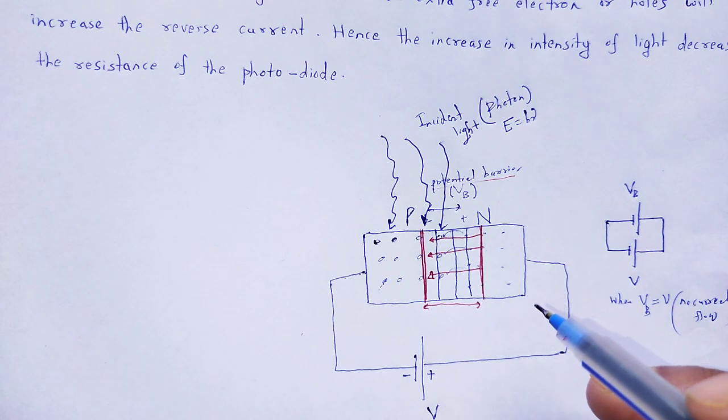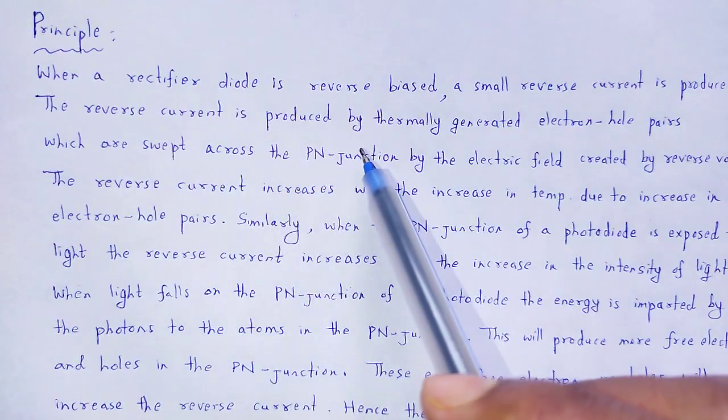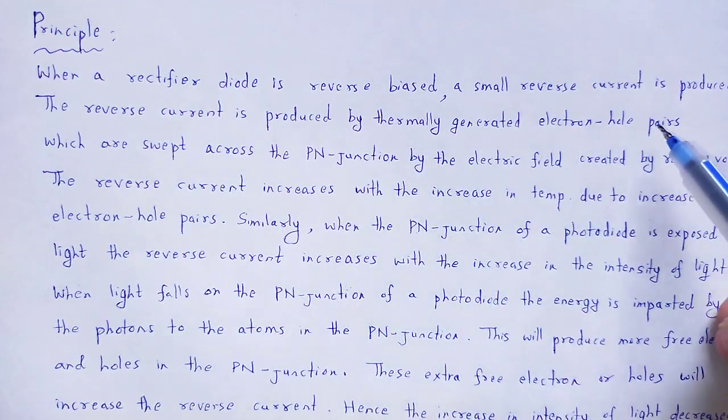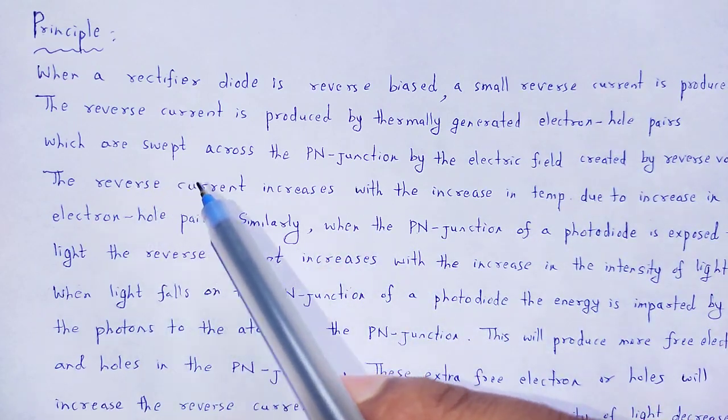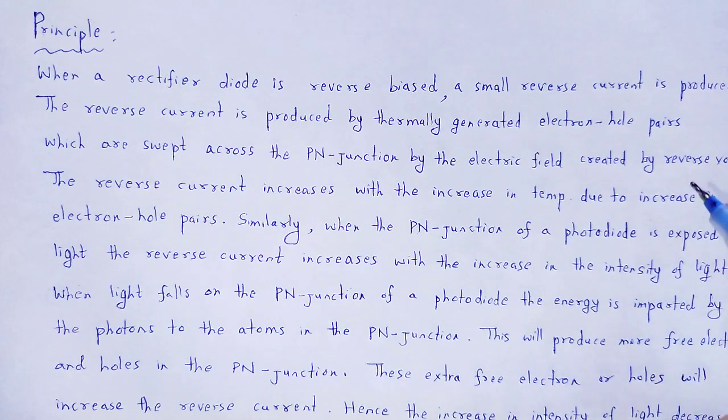Why is the reverse current produced? By thermally generated electron-hole pairs which are swept across the PN junction by the electric field created by the reverse voltage.